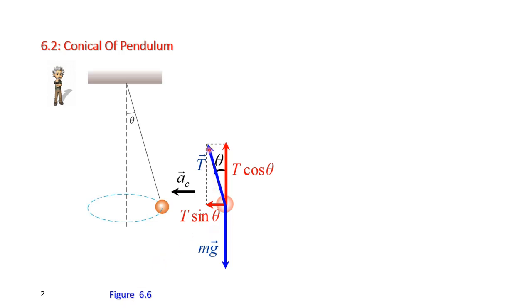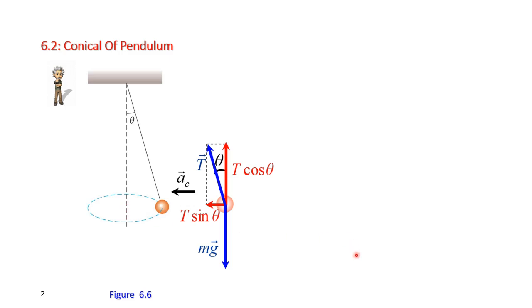This is the tension in the string, the blue arrow here, and then we have mg, or the weight of the pendulum bob. The centripetal acceleration is toward the center of rotation, so this is the center of rotation of the pendulum bob.